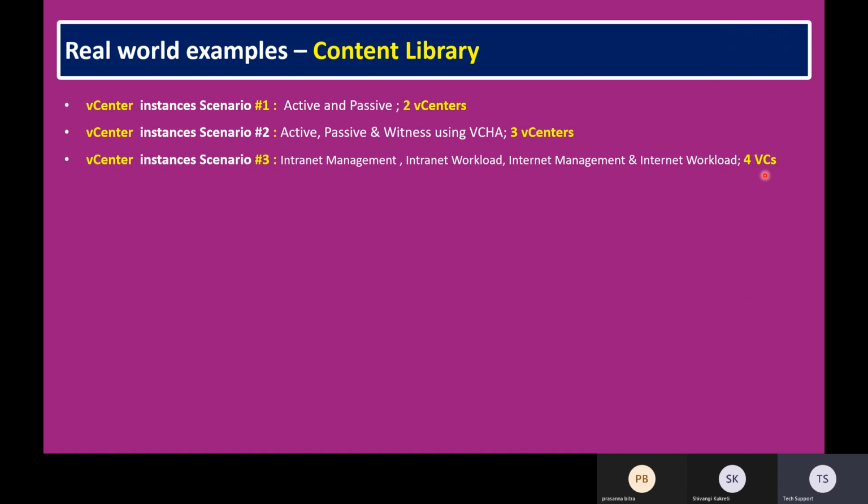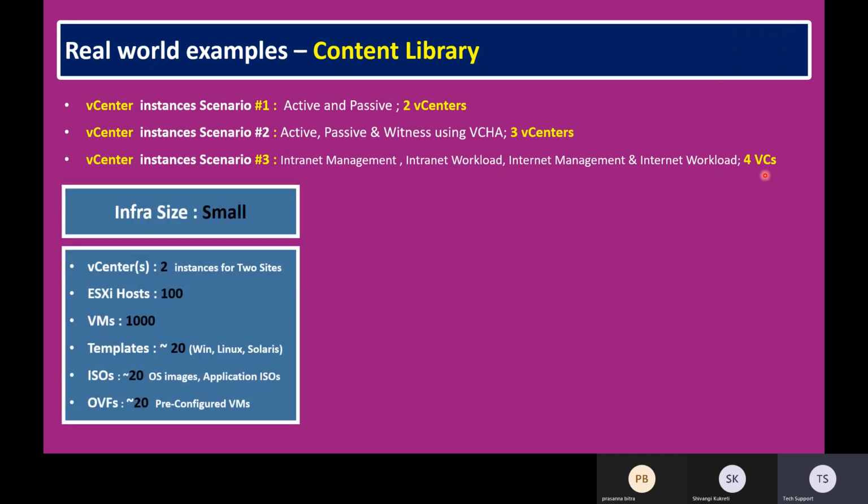So in these scenarios, let's talk about a small organization, how it will be. As we know, when the infrastructure size is small, vCenter minimally needs two instances for two sites. And the sites you can consider either active passive, or some companies maintain both as active. In any scenario, the requirement of vCenters in a small organization is minimally 2.